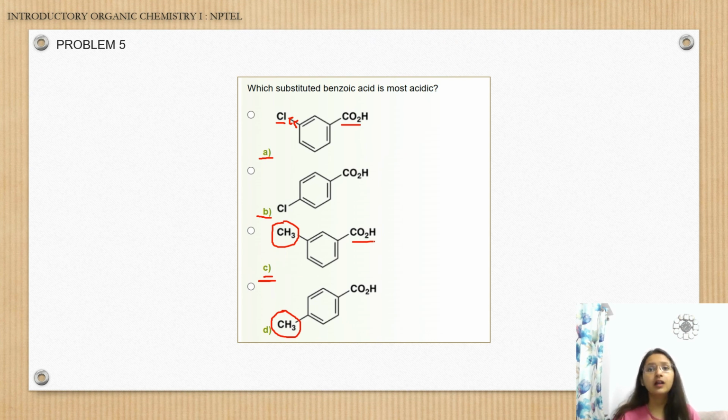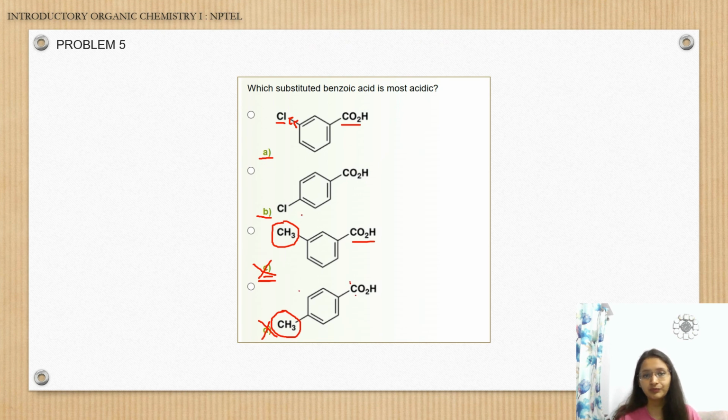So in the case of C and D, the carbonyl carbon of the carboxylic acid is not that electropositive when you compare it with A and B. So these two options get eliminated because of the presence of an electron releasing group at the ortho, meta or para position of this benzoic acid, which makes the carbonyl carbon less electropositive than in these two.